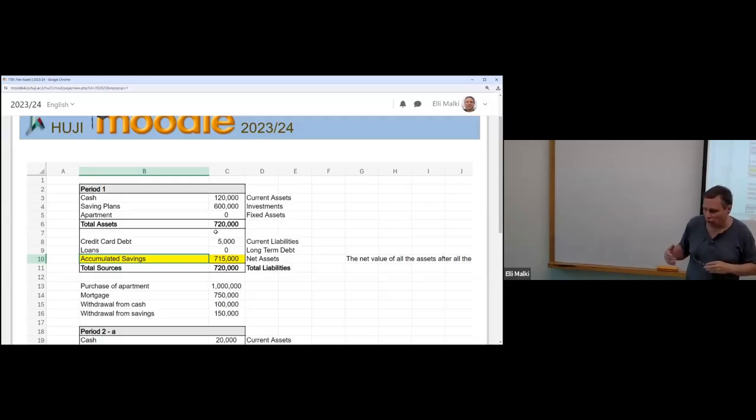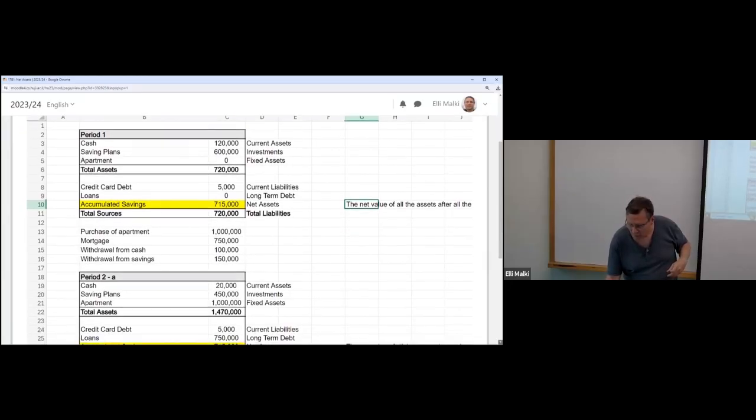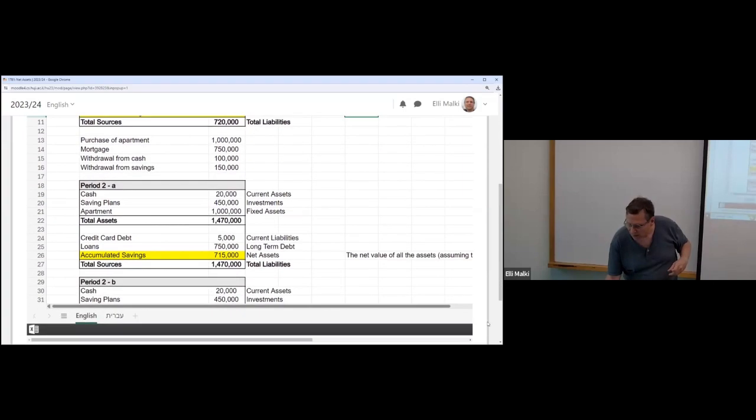Also, it says here it is the net value of all the assets. Let's move it so that we can see.